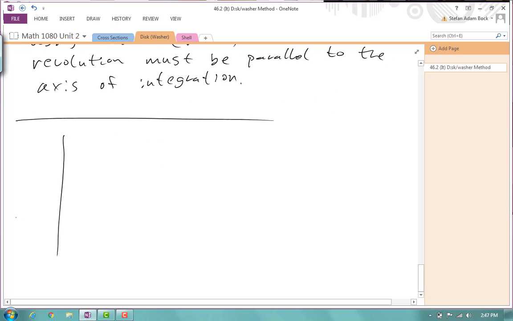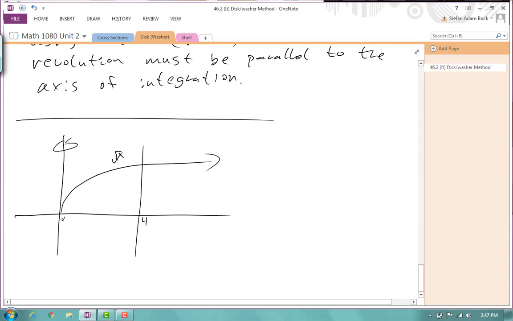So if I wanted to find the volume of revolution of the square root of x from 0 up to 4, but I want to revolve around the line x equals 0, or the y-axis, I would have to do something different.